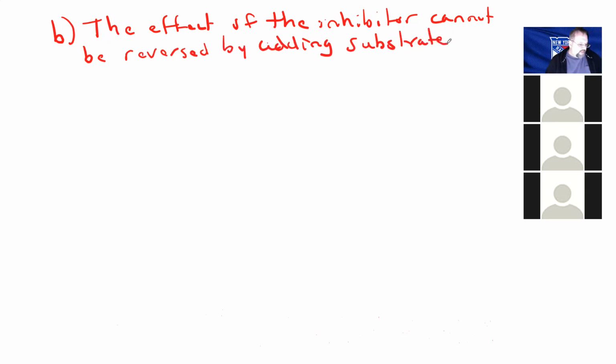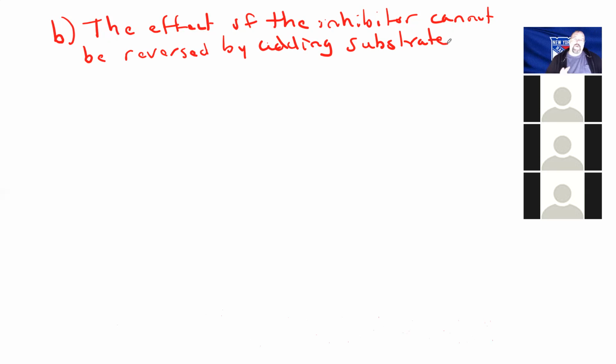Okay. So in non-competitive inhibition, the shape of the substrate molecules and the shape of the inhibitor molecules are not similar to each other. They're different. So the substrate is going to be recognized by the active site on the enzyme, but the inhibitor is not.